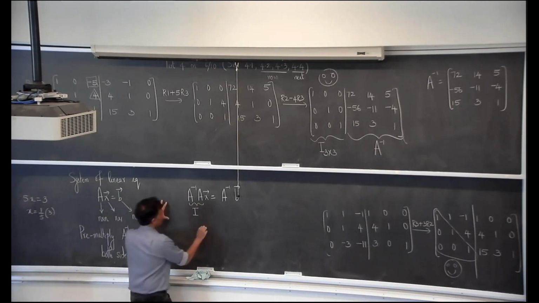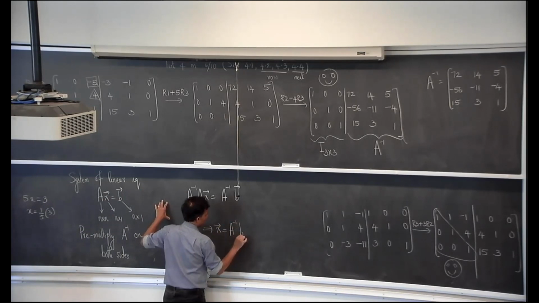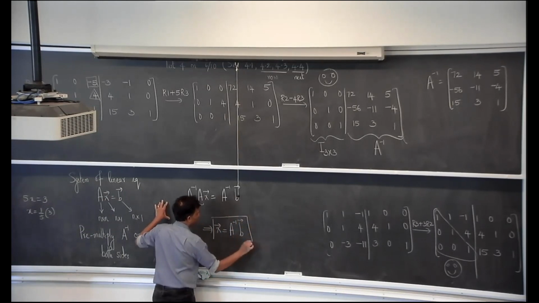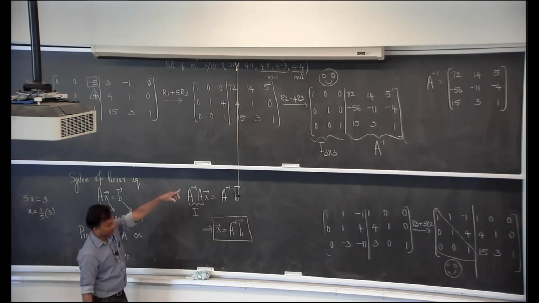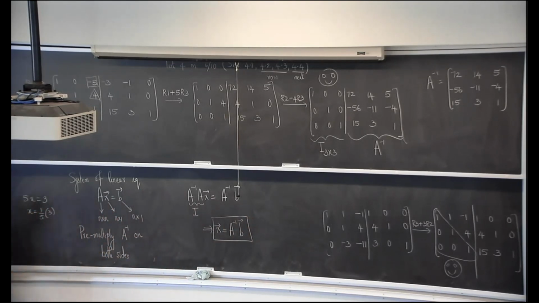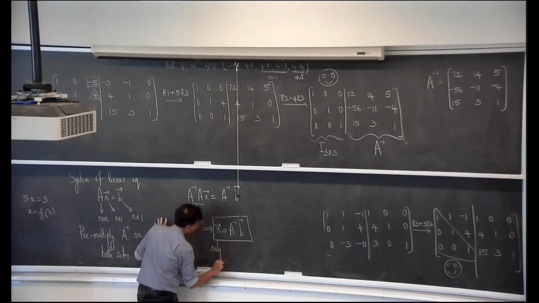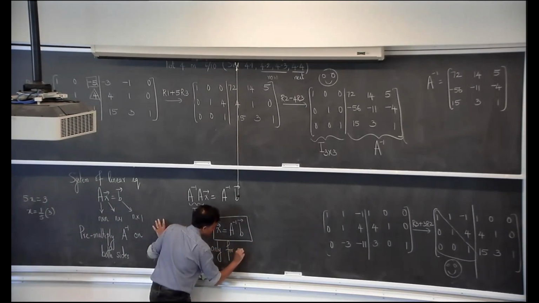So the solution x would be equal to A inverse times b. So if you have the inverse matrix, you could pre-multiply it with the right-hand side, and that gives you the solution. Of course, it works only for square matrices, so that's why it's not a universal way of doing things. This is only for square matrices and if A inverse exists.